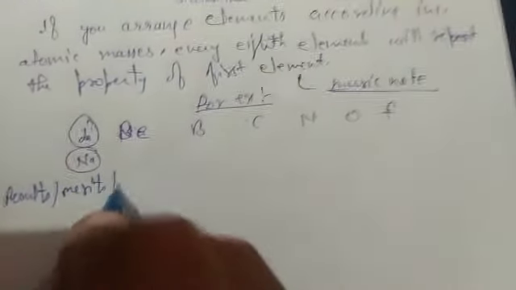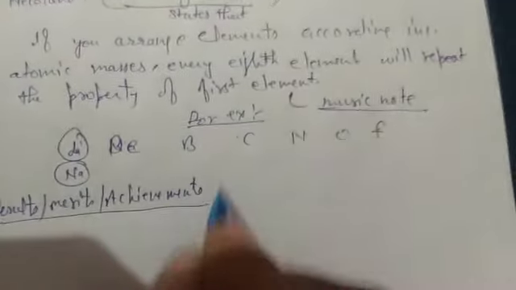Next thing is about the results. I have told you that results can also come under the names merits or achievements. These are the same things for any classification if they ask.